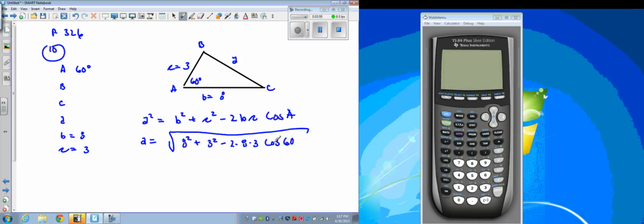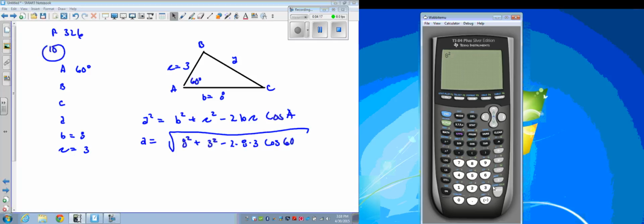Now, I noticed in this calculator, I can't do that all at once. I'll have to calculate what's inside because the square root doesn't stay over the top for me. It only stays over the first number.